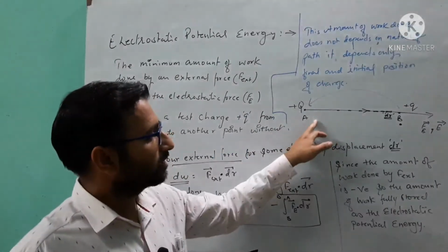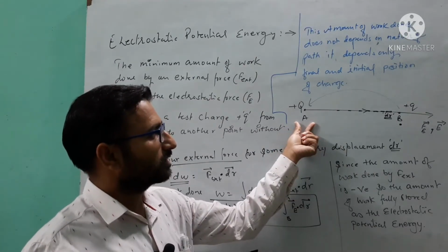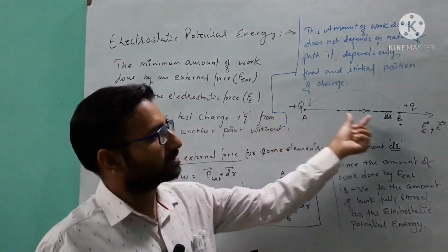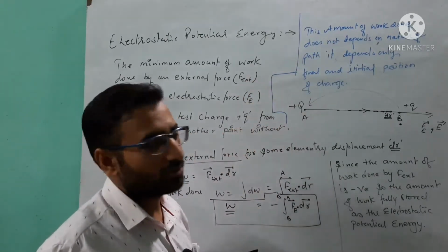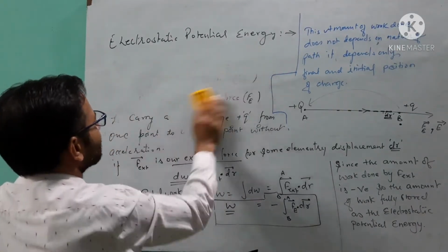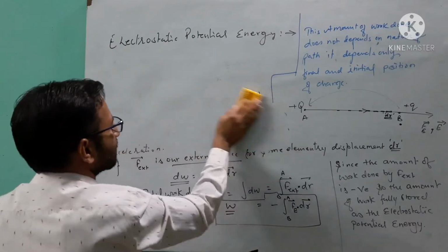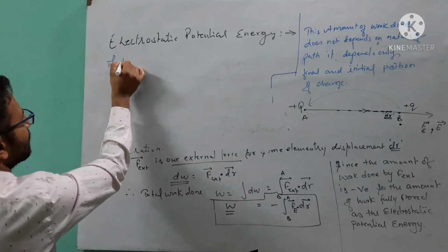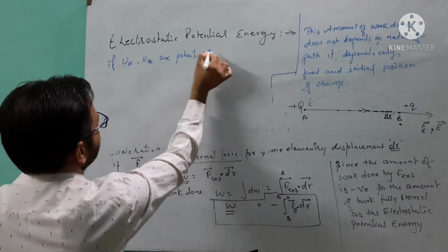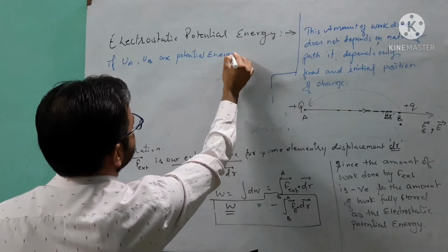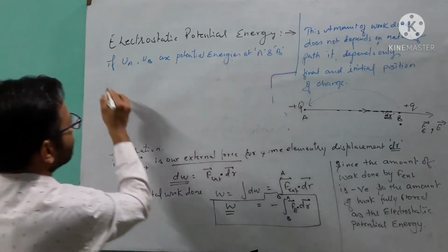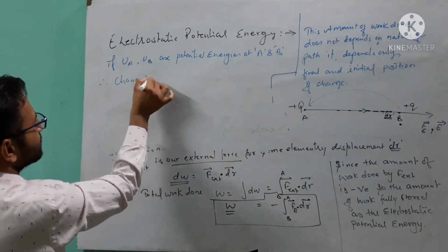Listen, let us suppose at point A there is some potential energy UA, and at point B there is UB, because here we are carrying the charge from infinity to this point A, or from infinity to this point B. So if UA and UB are the potential energies at A and B, then how will we write the change in potential energy?